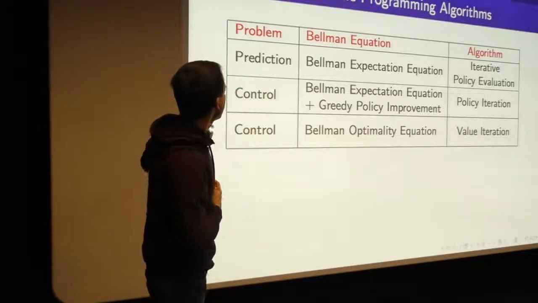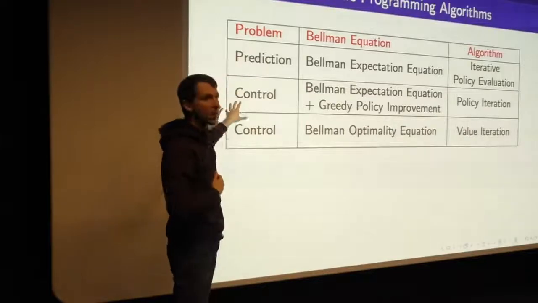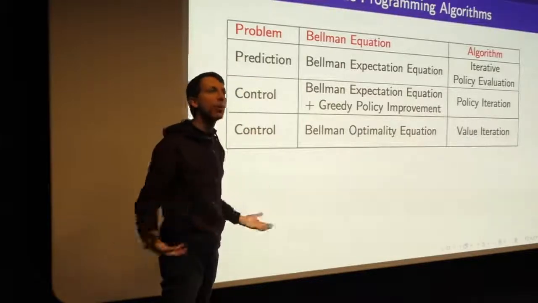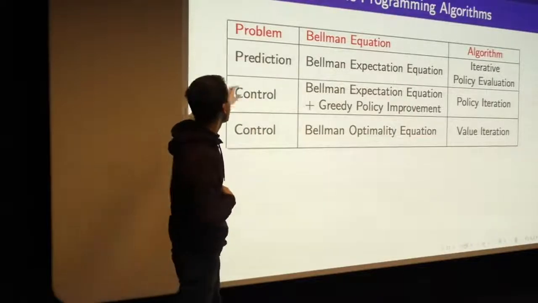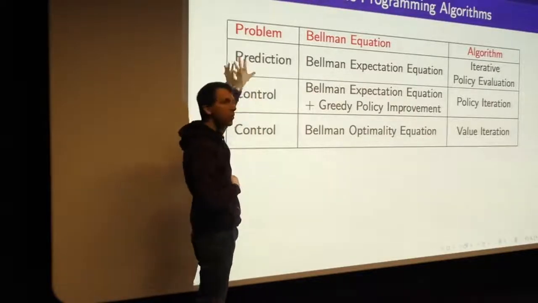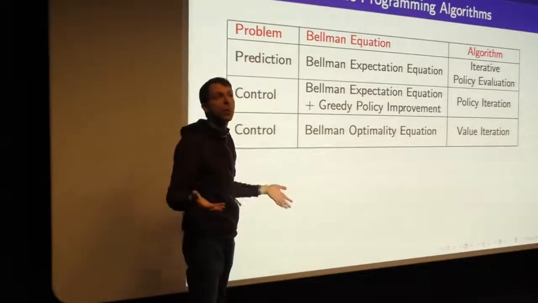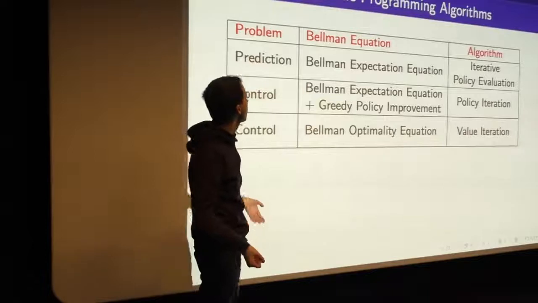There are different problems that we're trying to solve. All of these are planning problems. In all cases, the MDP is given, and we're just trying to solve for that MDP. But there are two types of planning problem: prediction and control. In the first case, we're trying to say how much reward you get from some given policy.